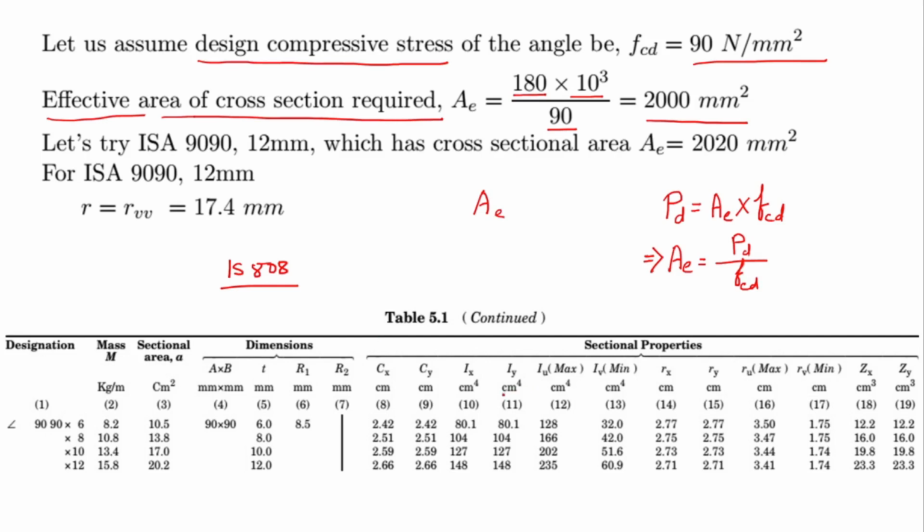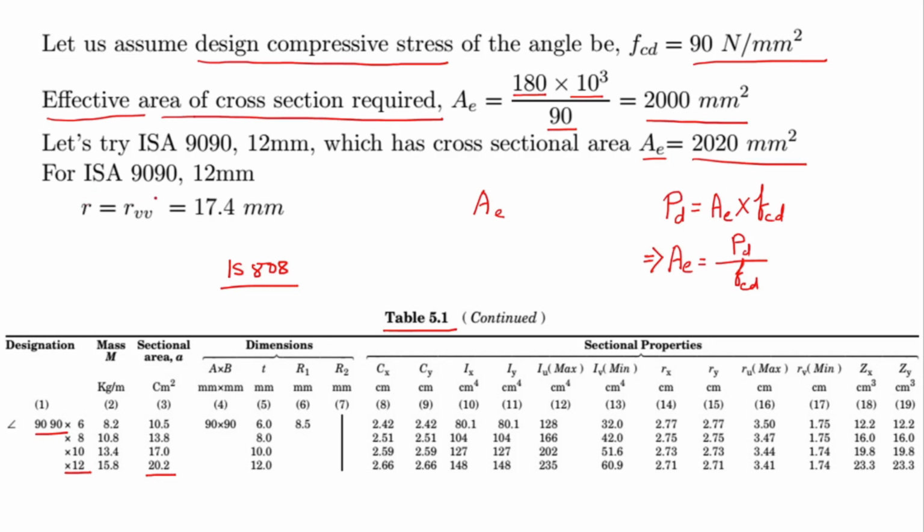If I follow Table 5.1, we have adopted an angle 90 × 90 × 12, meaning 90 × 90 are the leg sizes of the angle and 12 is the thickness. If I try with that angle, it has cross sectional area 20.2 cm². If I convert it to mm², the effective cross sectional area Ae will be 2020 mm².